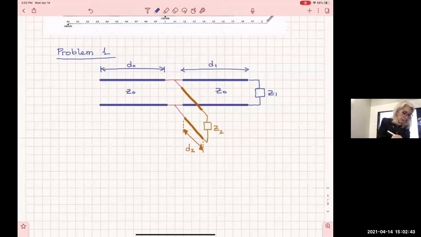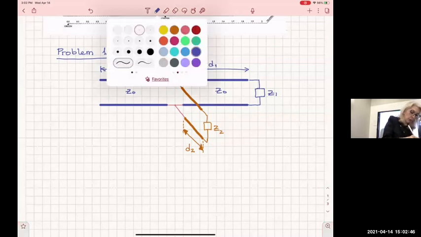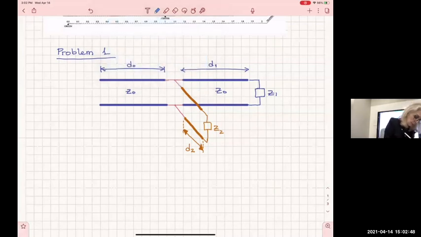And now I will put here, at this point is A prime, B prime, C prime, and D prime. All right? So this is my transmission line.